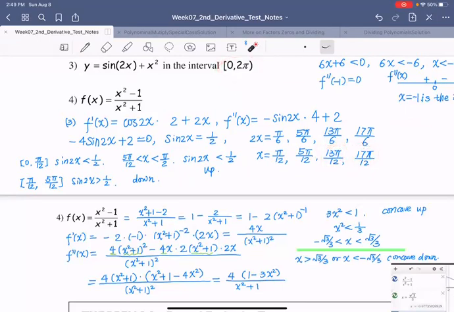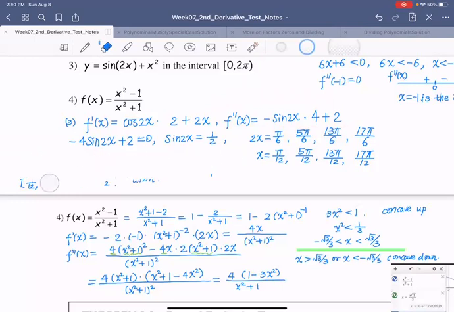Correct? So now we have these 4 values, and we want to see on what part the second derivative will be negative and on what part it is going to be positive. So we are going to draw the sign chart.